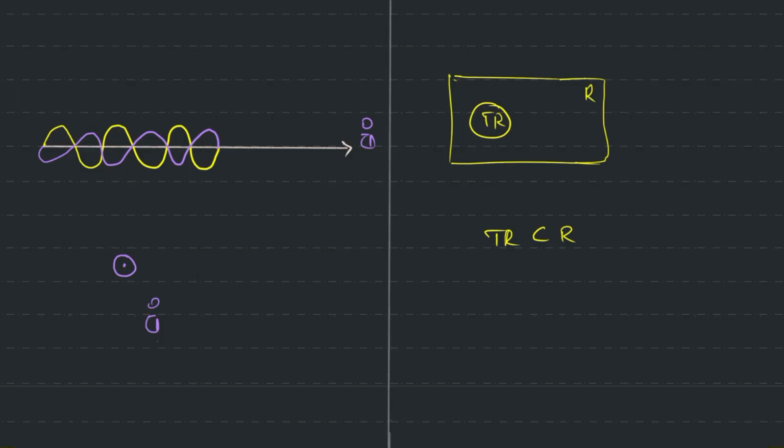Anyways, your electric or magnetic field will be in this manner, and the other one will be in this manner. Say this is the magnetic field, and this will be your electric field. They make an angle of 90 degrees. Of course it can be this manner as well, and the other one in this manner, but they have to be perpendicular to each other.